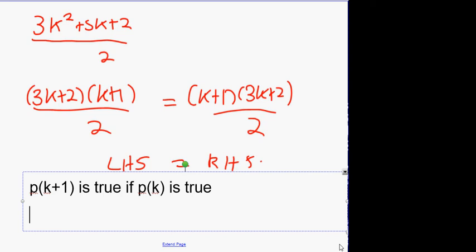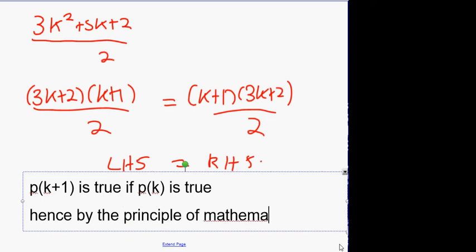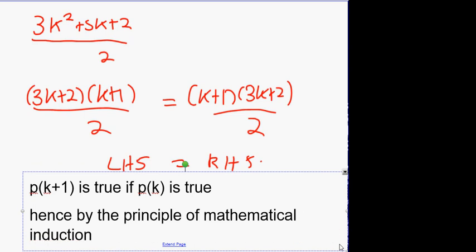So therefore, hence, by the principle of mathematical induction, P of n is true.